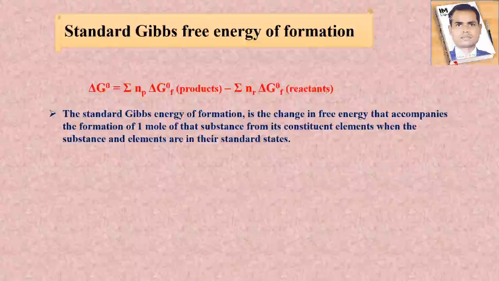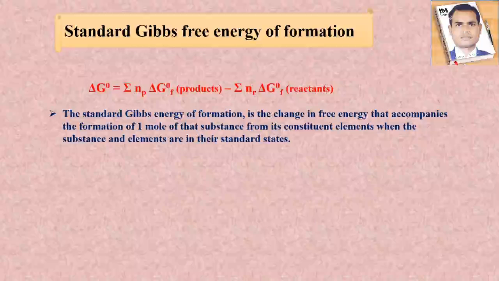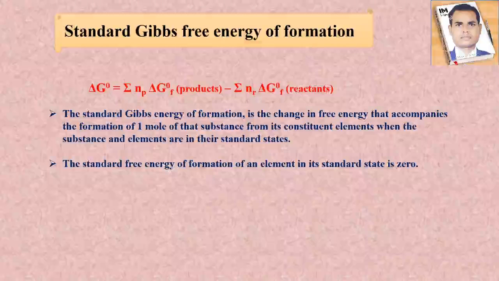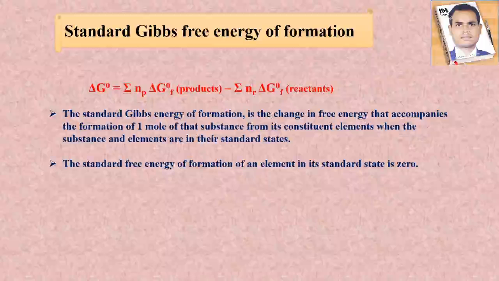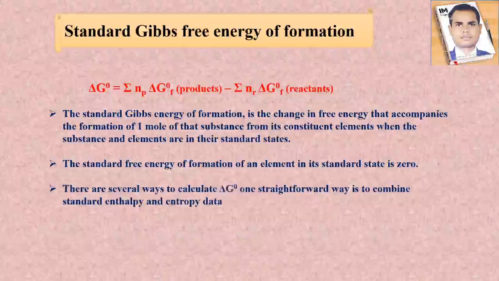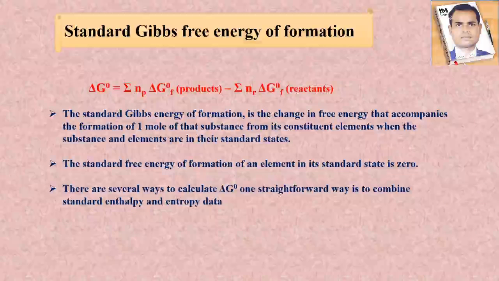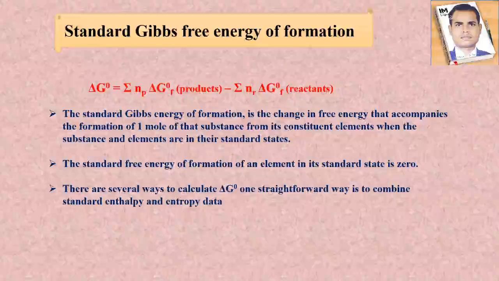So in this kind of reaction, if you are forming 1 mole of substance from any constituent elements, that is when the substance and elements are in their standard state, right? The standard free energy of formation of elements in standard states is always 0, right? There are several ways to calculate delta G0. A straightforward way is to combine the standard enthalpy and standard entropy data.